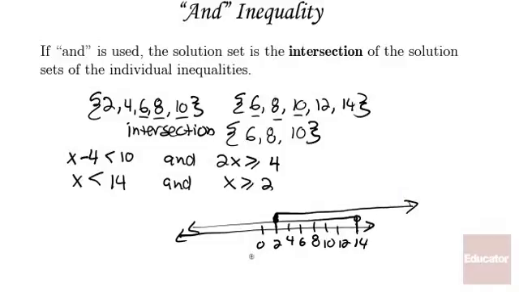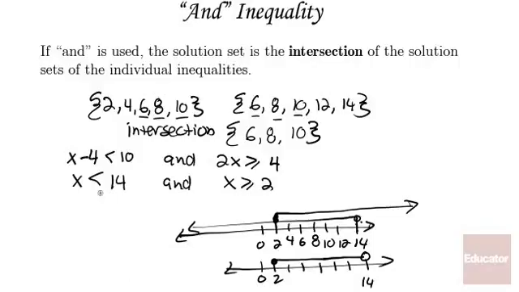But I'm looking for the intersection or the common elements. And the common elements would be greater than or equal to 2 and less than 14. Greater than or equal to 2 and less than 14.